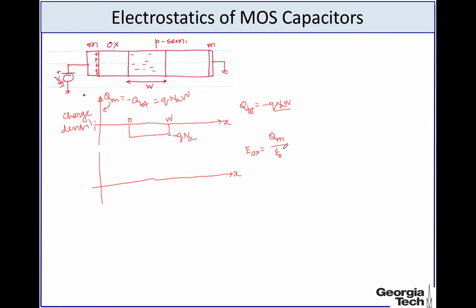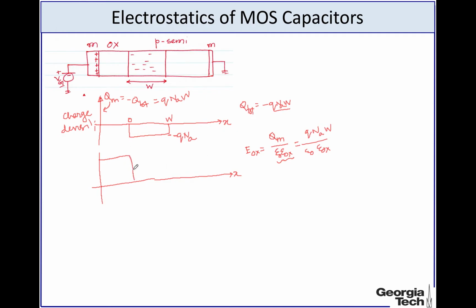Epsilon naught is the permittivity of vacuum, and multiplied with epsilon ox gives you the permittivity of the oxide material. This comes out to be q Na W divided by epsilon naught epsilon ox, and this will be constant throughout the oxide. So that's what we have here.